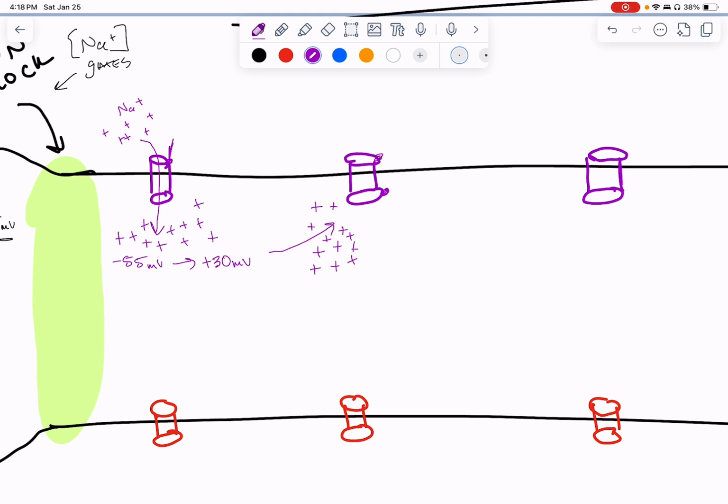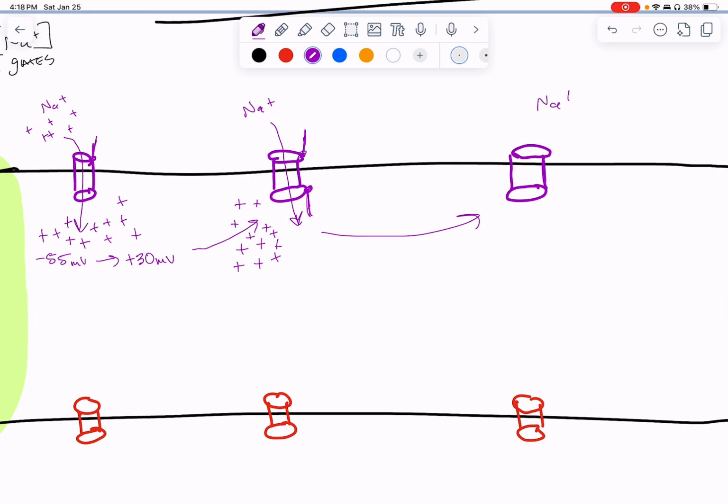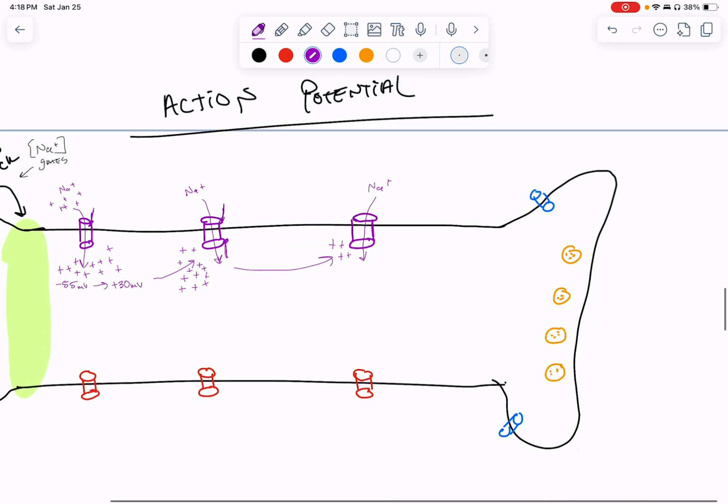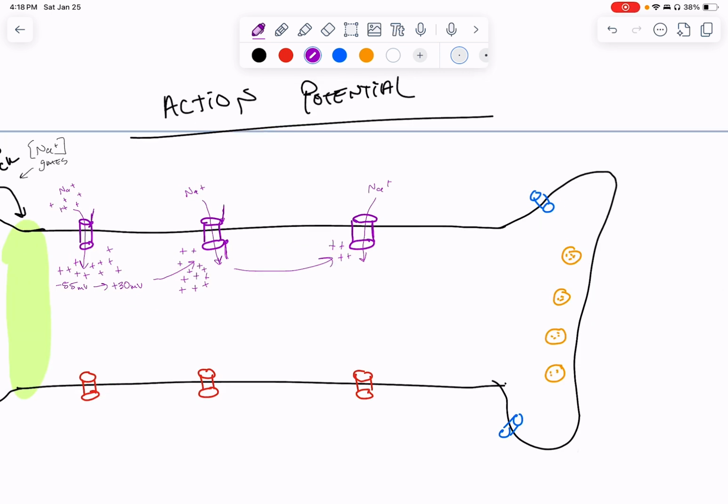So they're going to have these open gates here, and more sodium again is going to rush into the cell. So we're just going to get this continual sodium rushing into the cell, and it's just these positive charges moving down and down and down the axon. It's going to continue this until it changes this entire neuron to this positive 30 millivolts, and that's kind of where it's going to stop.